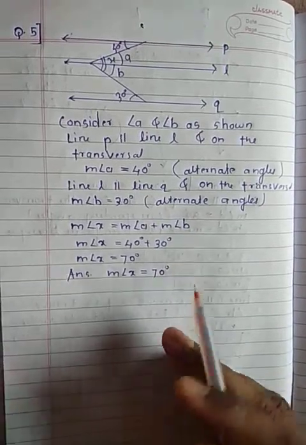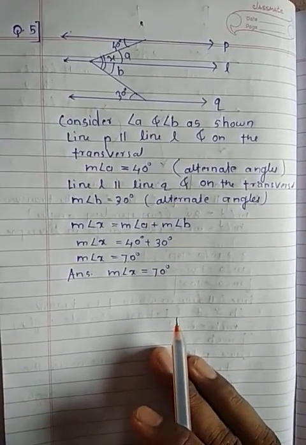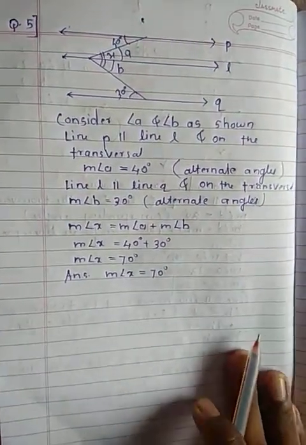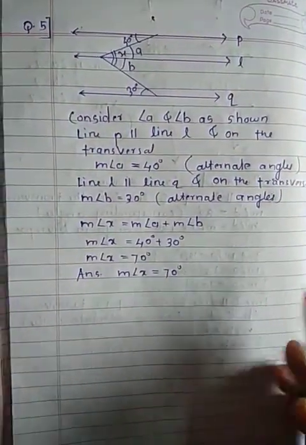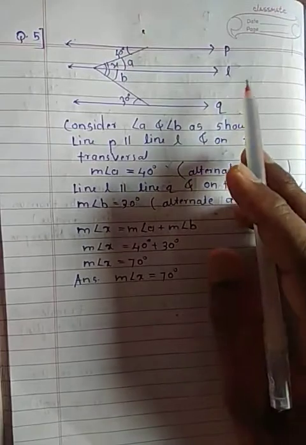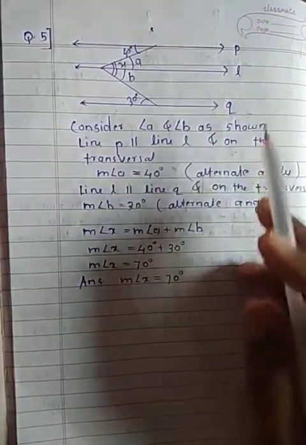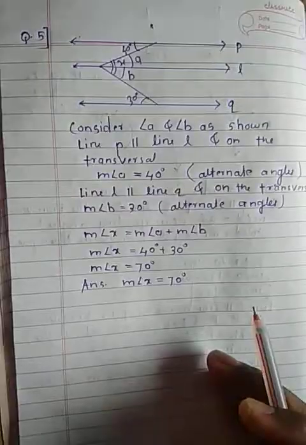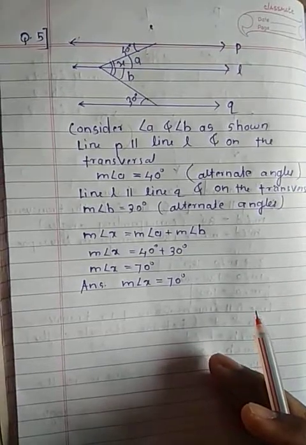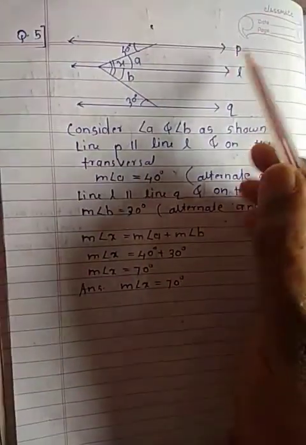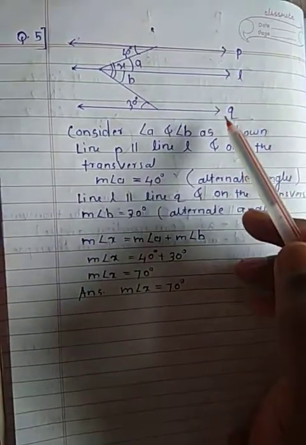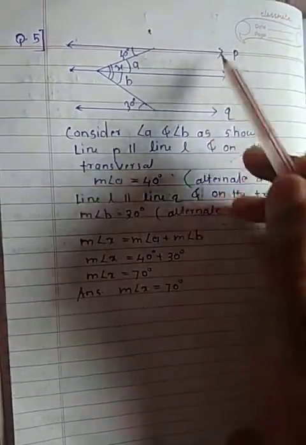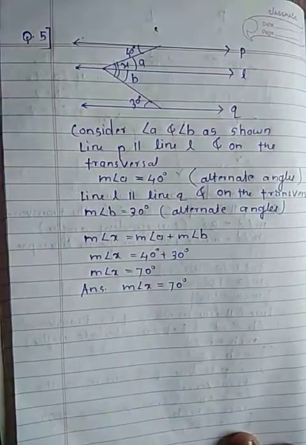Okay, students, question number 5. In the question, we are given three parallel lines. Line P is parallel to line L, and line L is parallel to line Q, meaning these three lines are parallel to each other.